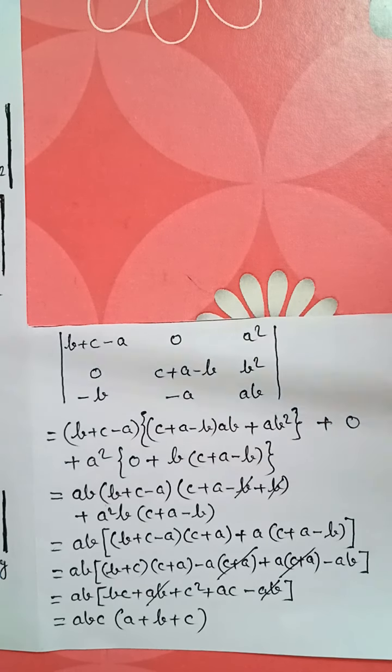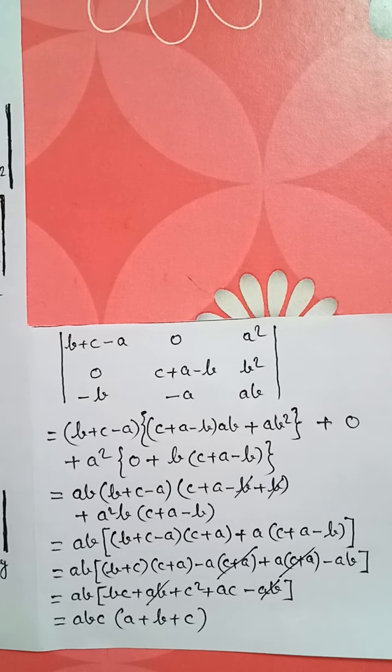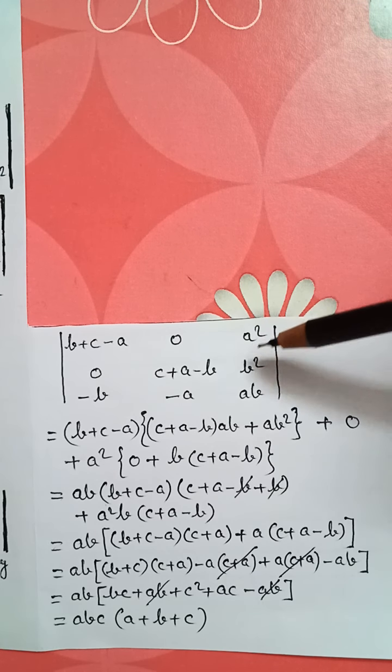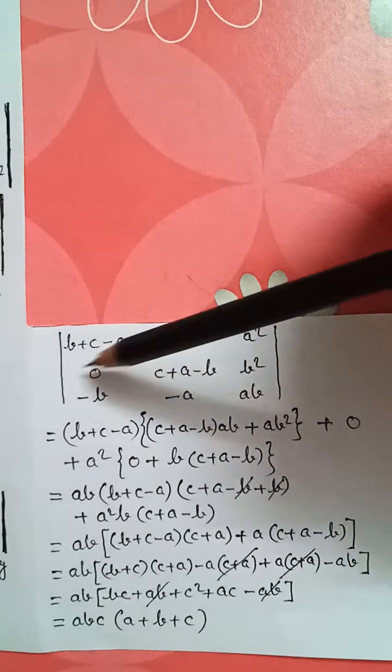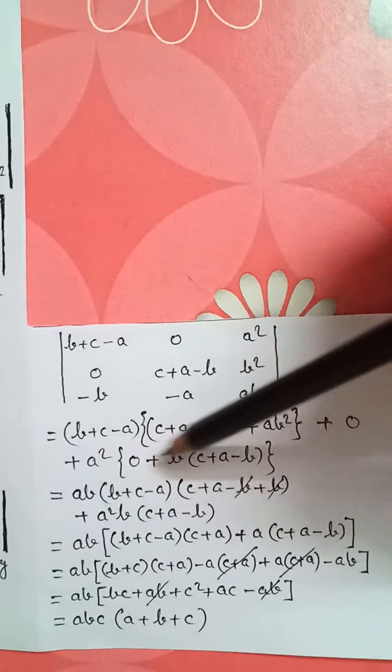Similarly 0 multiplied by anything is 0, so we have 0. Now A square multiplied by its cofactor, and we will get that expression.